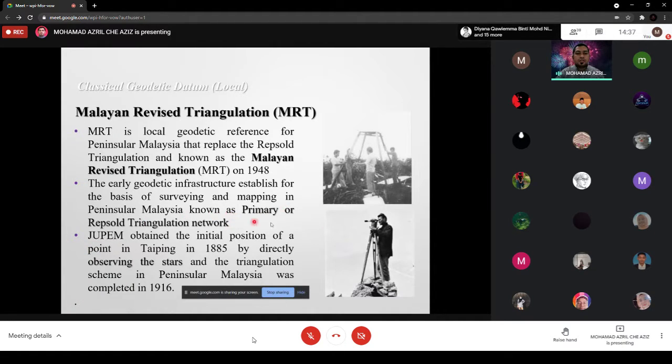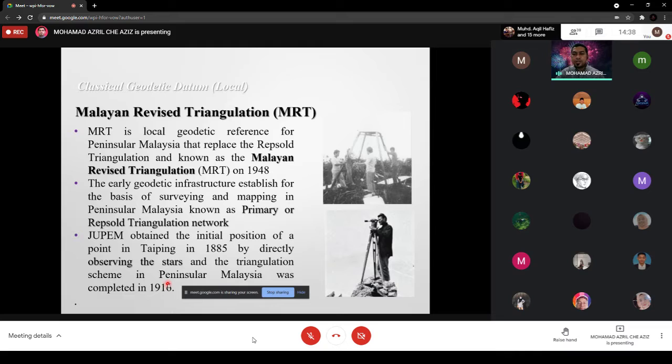The triangulation covers the center of Peninsular Malaysia. The initial position of a point in Taiping was obtained in 1885 by directly observing the stars, and the triangulation scheme in Peninsular Malaysia was completed in 1916.